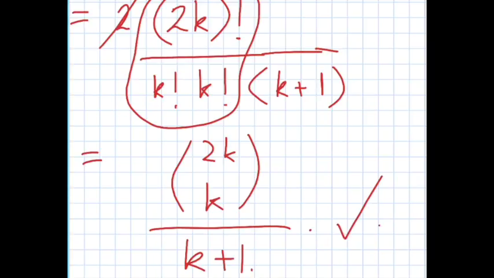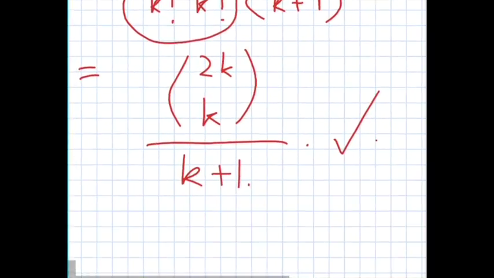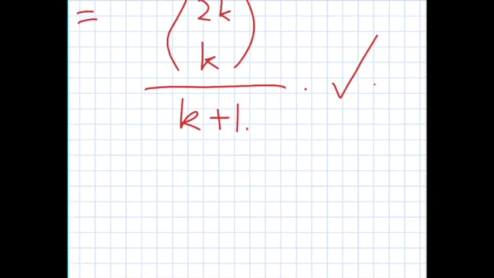Again, just to repeat, we assumed that the expression was true for the (k minus 1)th Catalan number, and using the recursive relationship we ended up proving that this is also true for the kth Catalan number. This is a very typical way of proving whether our recursive expression is correct or not.